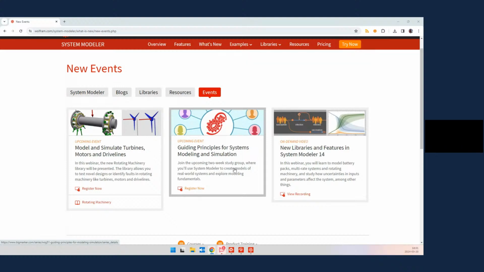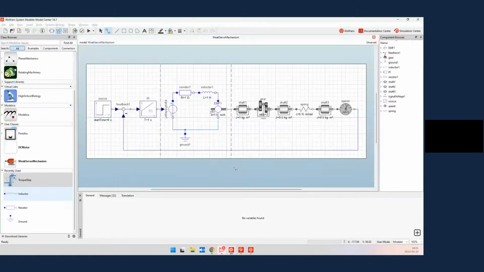So I thought I'd give you a quick introduction to System Modeler and what it's all about. System Modeler is a drag and drop environment where you can create models of all sorts of dynamic systems. This could be a biochemical pathway, a business system, or, as in this case, a DC motor.